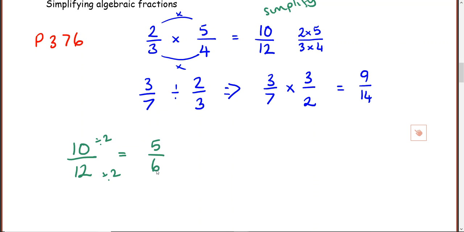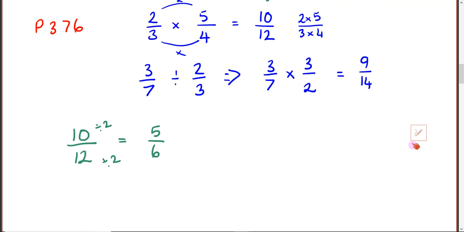Is there any way we could have done that before finding the answer? No ideas? Well, let me take you back to the question then. So we've got 2/3 times 5/4. What I need you to look at is this bit here.